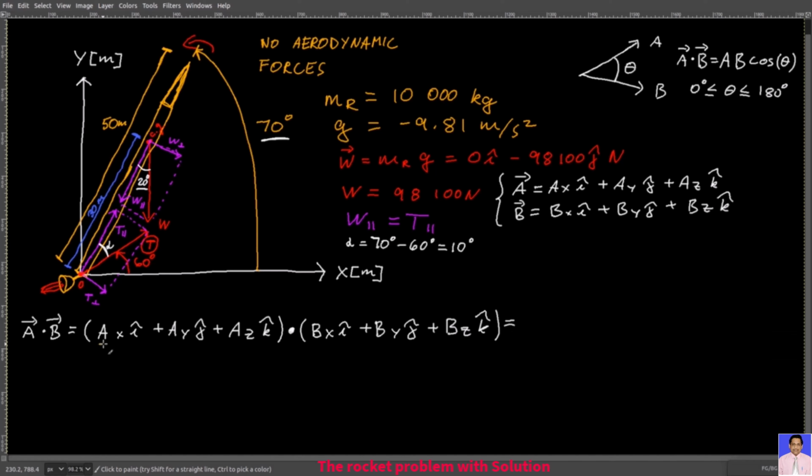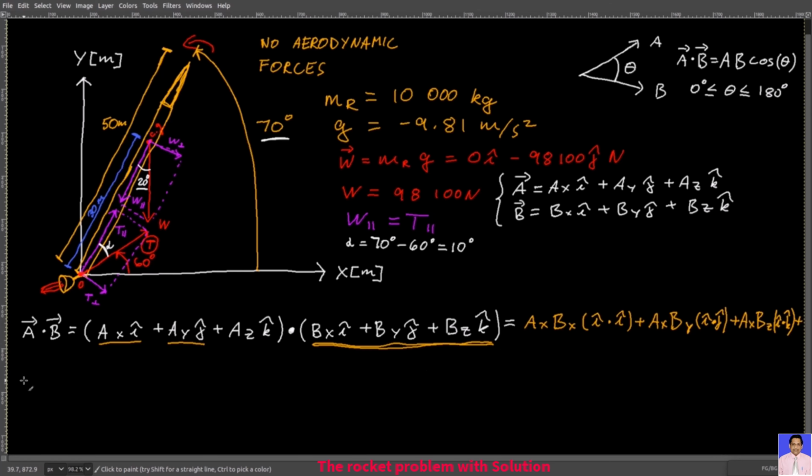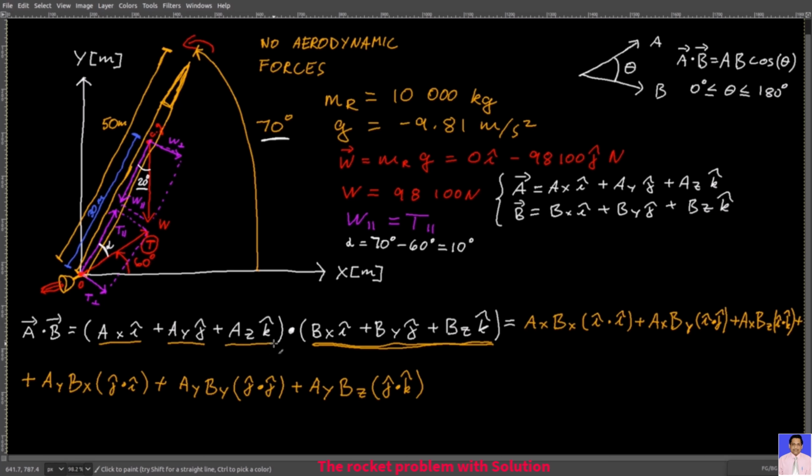I'm going to multiply this one by all these three components, and then I will have this one here. And now I will take this component and multiply it by all these three components in the B vector. And so I will have this result here. And then I'm going to take this component and multiply it by all of these three B components. And so I will have this result here.